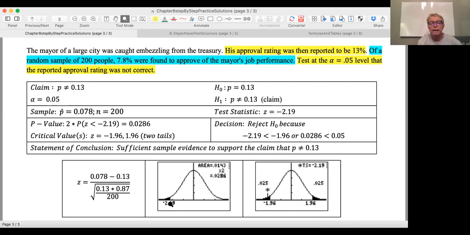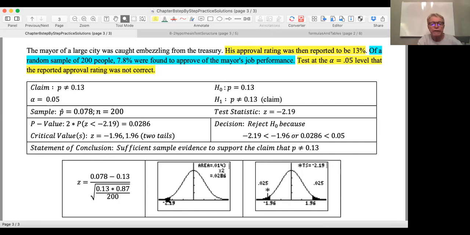We plot it, and because it's a two-tailed test, we will find the area underneath the curve farther from the mean than the test statistic, depending on the side it's on. So because it's on the left, we'll find the area to the left. If it were on the right, we would find the area to the right.